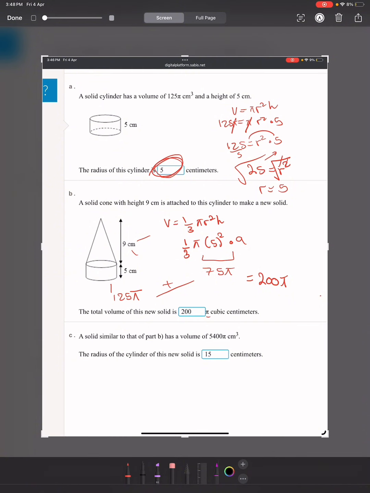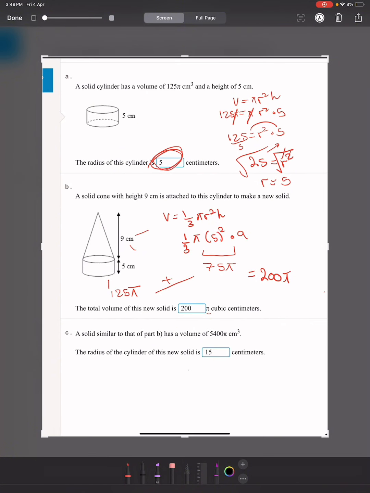So now they want the radius of the cylinder of this new solid, a solid that is similar to that. So this is a linear, yeah, it's a linear. Okay, so what you're gonna do is you're gonna do k cubed equals final volume over original volume.